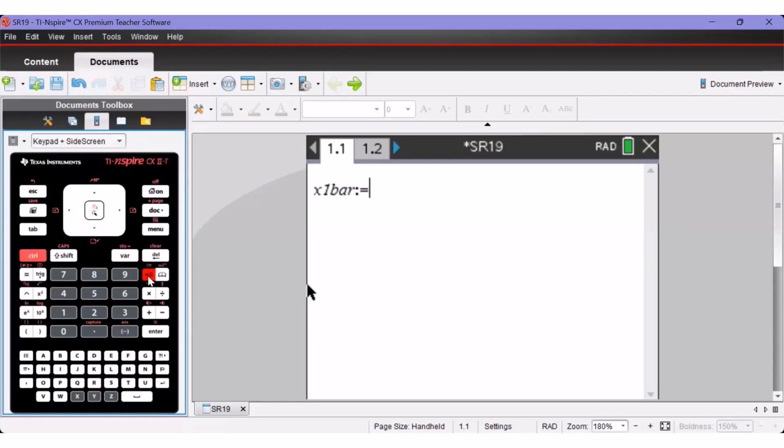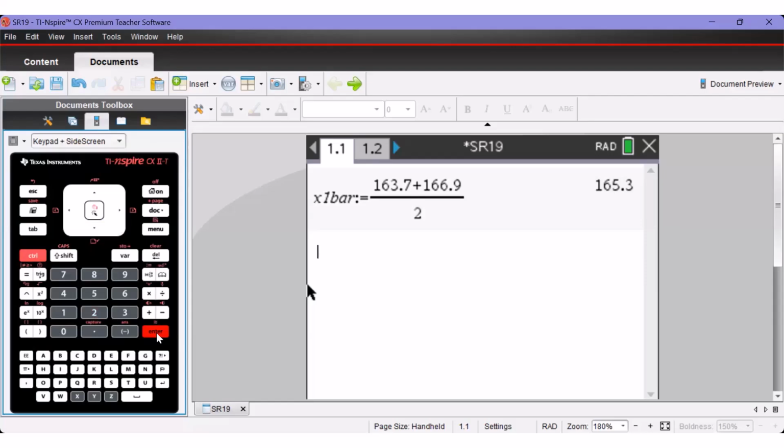We're going to assign that to be, Control divided by, to insert the fraction template, 163.7 plus 166.9, down with the navigation pad into the denominator box, divided by 2, and press Enter.